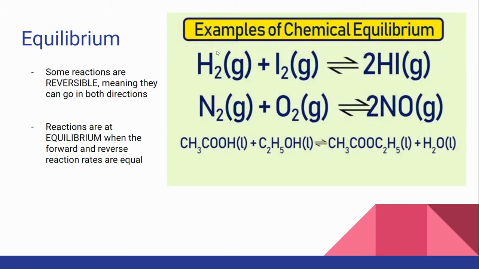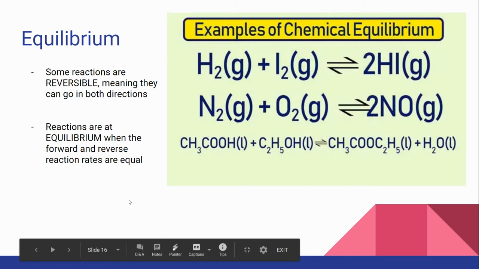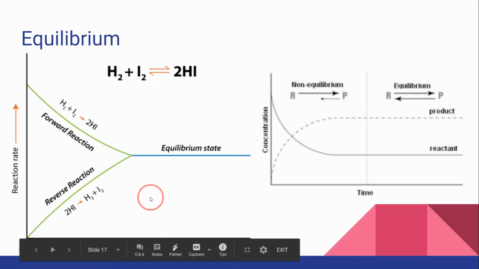So the overall concentration of H2 and I2 doesn't change, and the overall concentration of HI doesn't change. The concentrations stay constant, even though they're still going back and forth at the same rate. So overall, there's no change in concentration of either reactants or products. Once it reaches equilibrium, that's what it is.